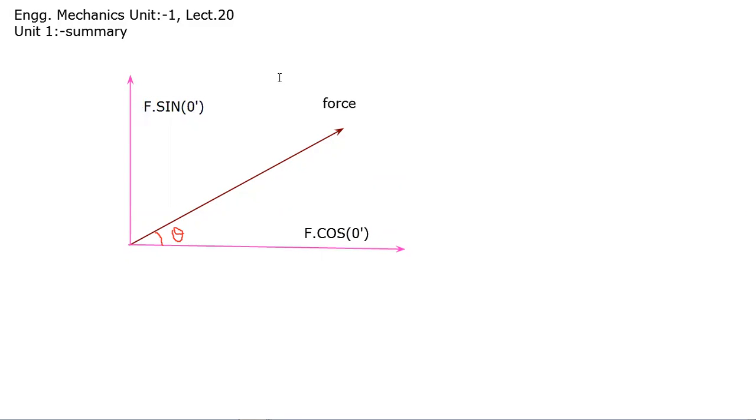This is the basic thing that we have studied. This is your force F. F cos theta, F sin theta. Theta is the angle made by the force with the x-axis. This is your x-axis, and this one is the y-axis.